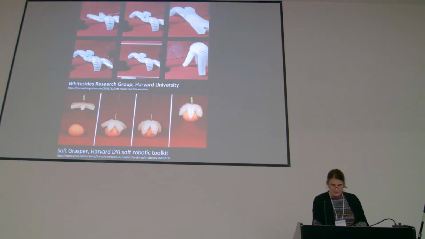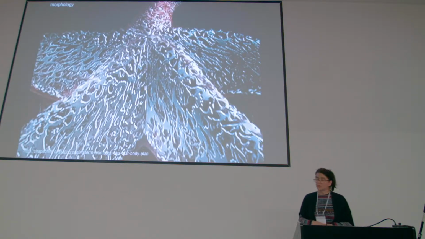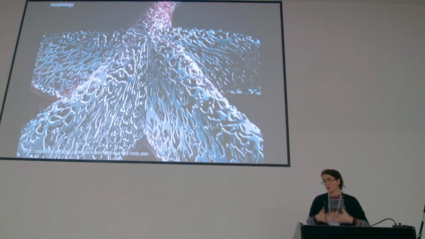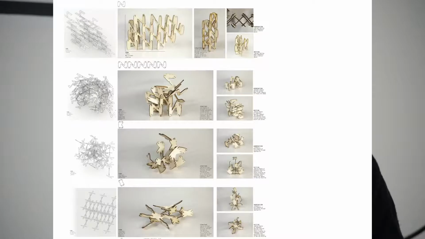The idea of integrating soft robotic components into hard architectural modular constructs came from the morphology of a sea star and the fascinating set of tiny muscles that exist in between those plates and allow the sea star to move.